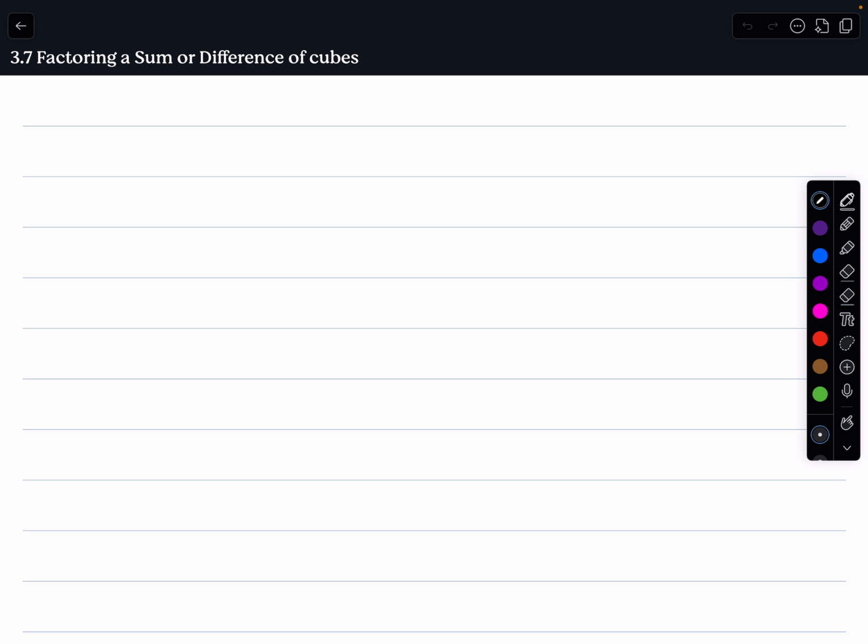So guys, this is a lesson called factoring sum or difference of cubes. First we need to know what is a sum and difference of cubes. The sum of cubes is represented by this formula. Remember, sum is addition. So sum of cubes is represented by a cubed plus b cubed.